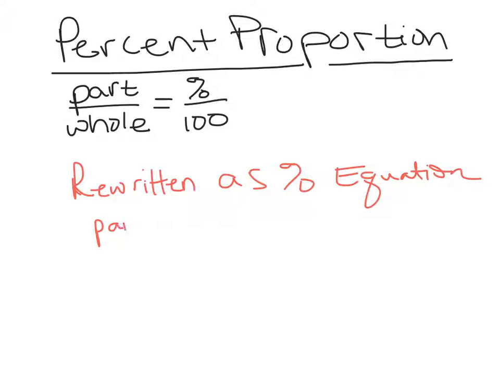So this is sort of a two-step process. The part over the whole will equal the percent as a decimal if you divide on the right side.